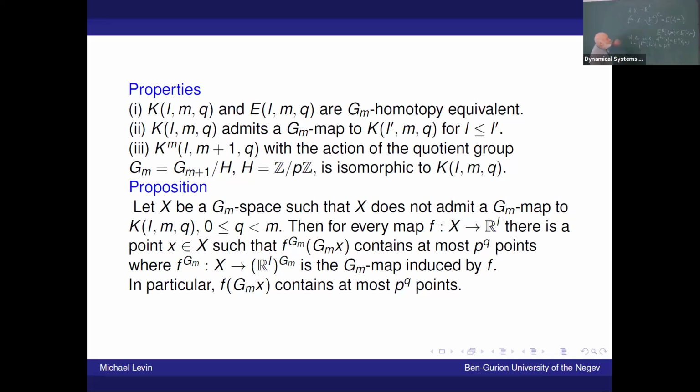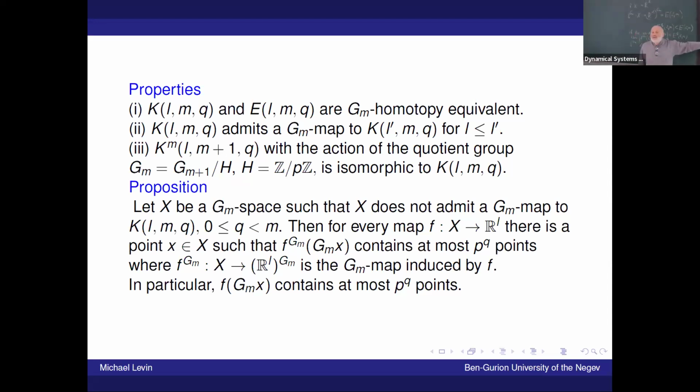So the only possibility when the conclusion of this proposition does not hold is that we will not touch this subspace of E and F. But when that happens, this map will go from X to the complement of this, and this is homotopy equivalent to K_m.